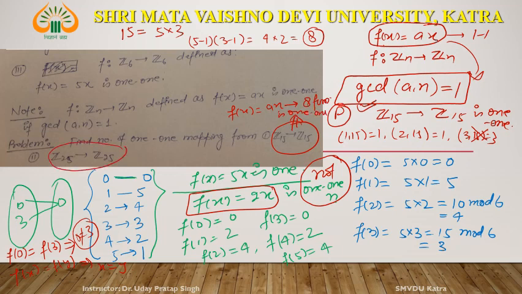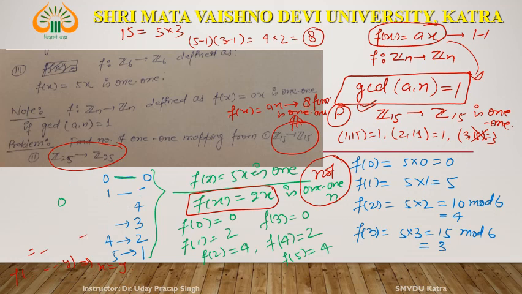Similarly, Z25. 25 can be written as 5 into 5, right?